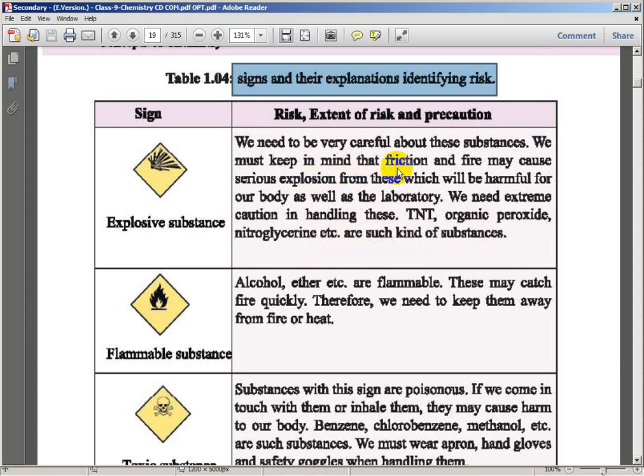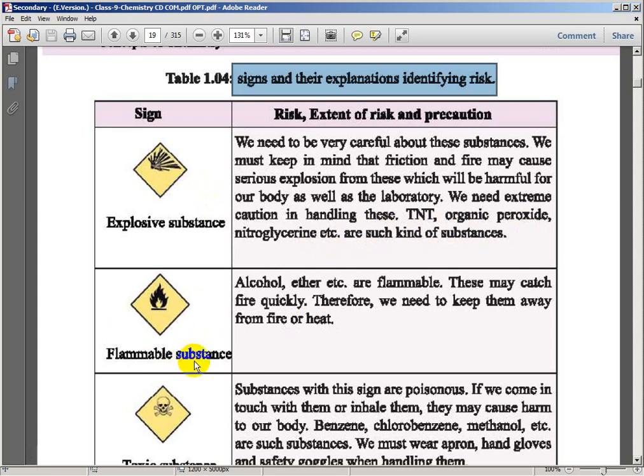If any friction occurs, or fire, it may cause a serious explosion. So we don't shake these chemicals, take care that friction does not occur, and we keep fire sources away from these substances. Fire sources like flame, matchsticks, burning matches, gas. TNT, organic peroxide, and nitroglycerin are explosive.